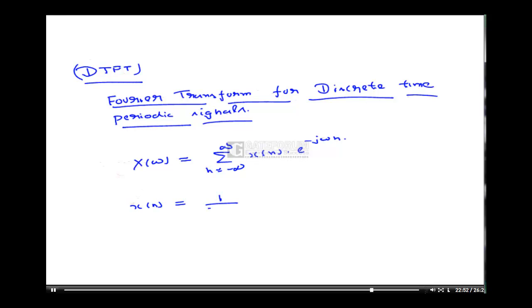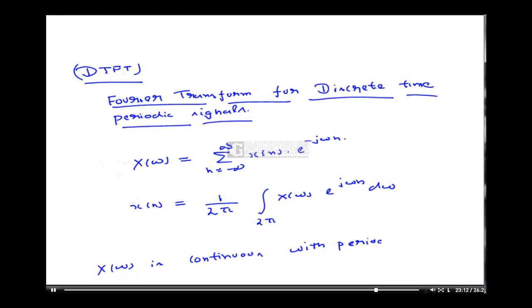The synthesis equation is 1 upon 2 pi integral over 2 pi X of omega e to the power j omega n d omega. X of omega is continuous with period equal to 2 pi. So this is also periodic, but here the number of frequency components is infinite within a period because it is continuous.